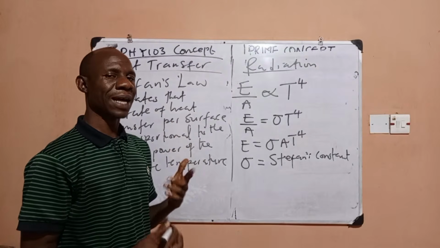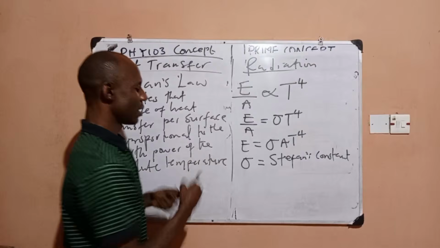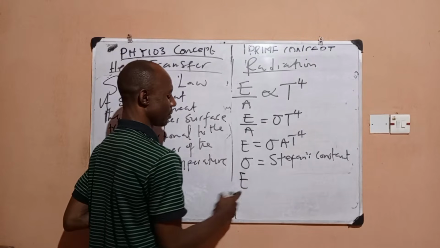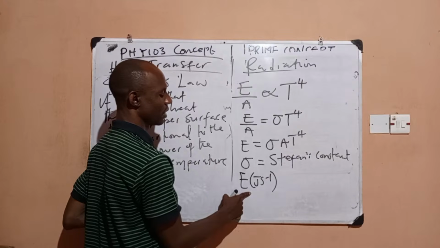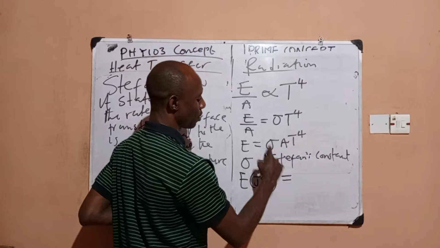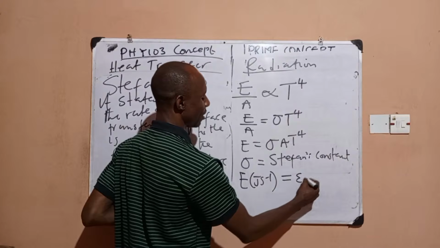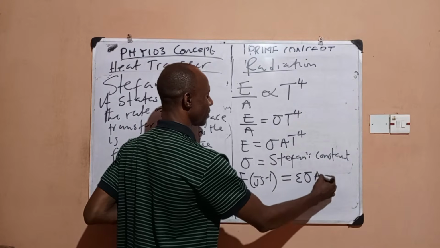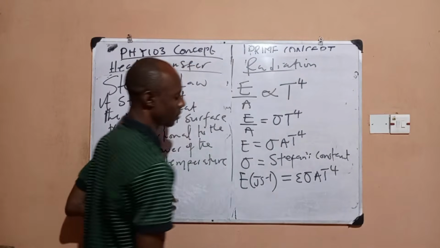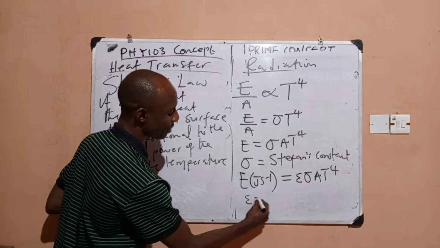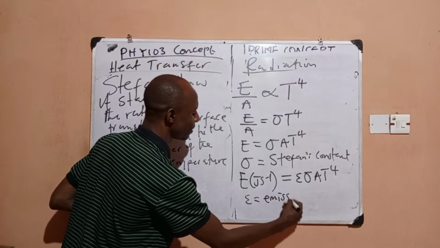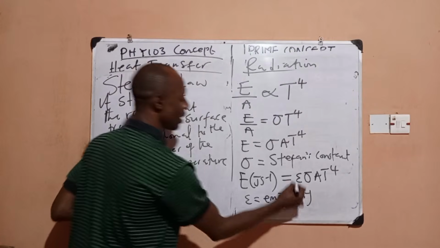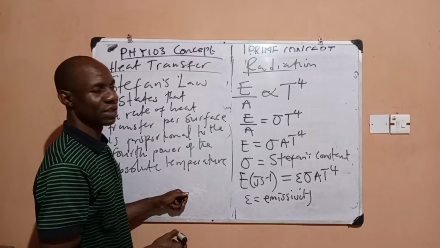But for a black body that is not perfect, E, which is measured in joule per second, that is the rate of heat transfer, is equal to epsilon times this times T raised to power 4. So in that formula, what is epsilon? Epsilon is called emissivity.